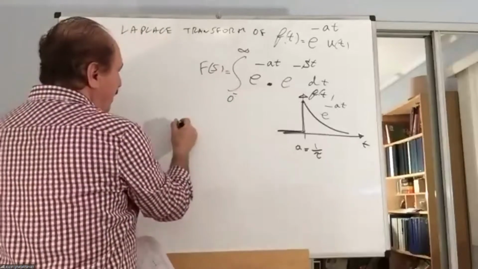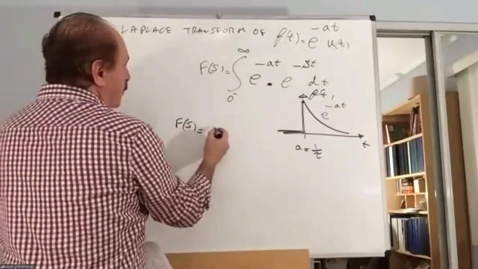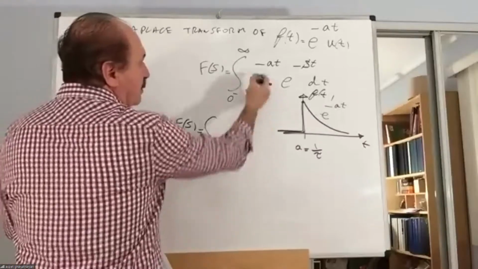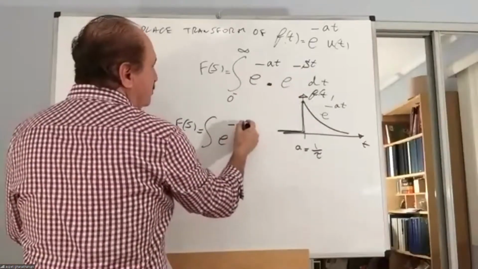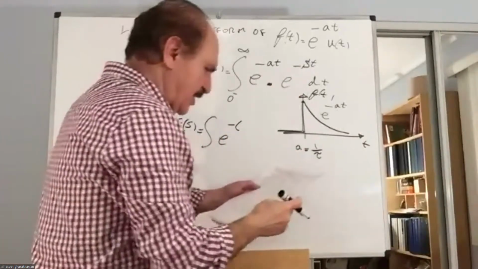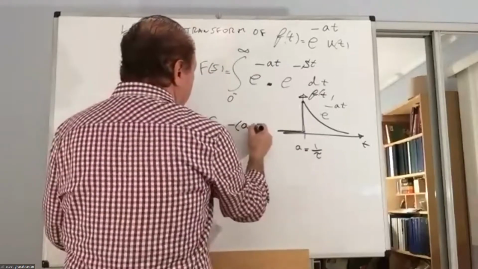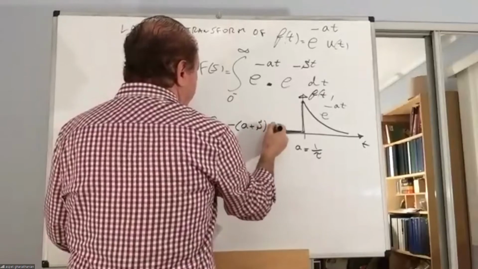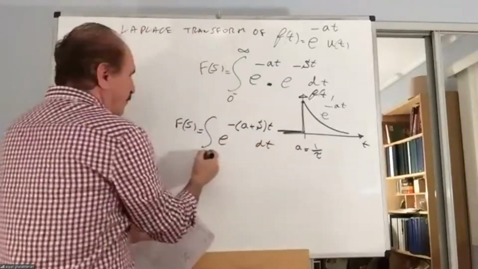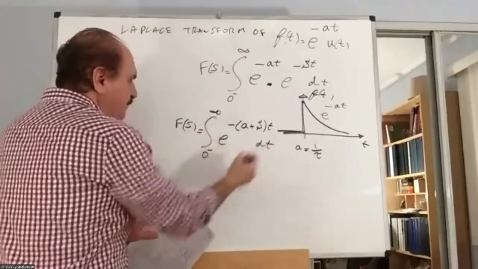If you integrate that, f of s will be equal to, you can combine minus, this will be a plus s of t dt between 0 to infinity.